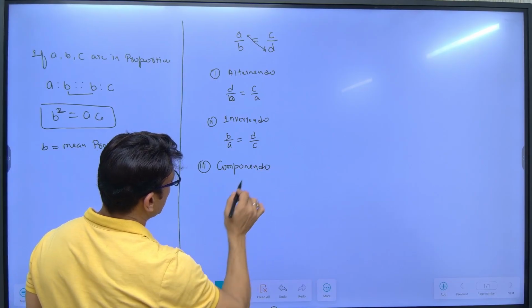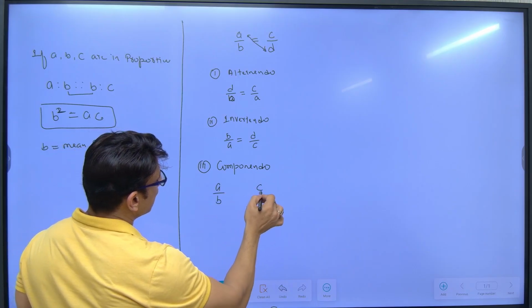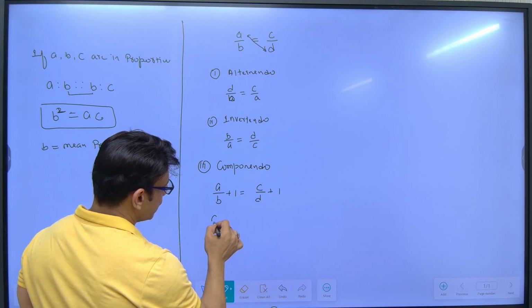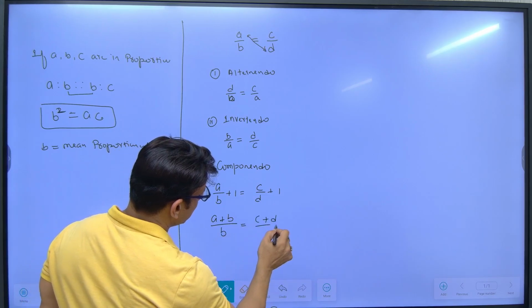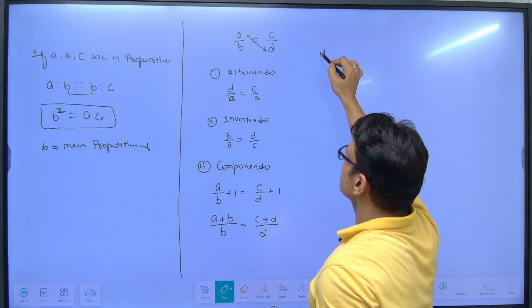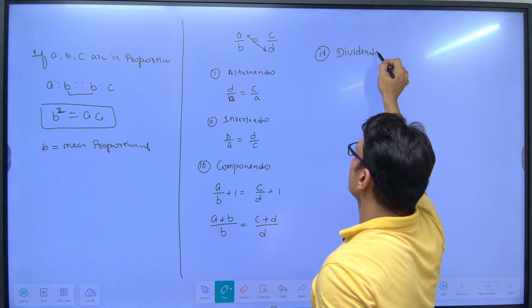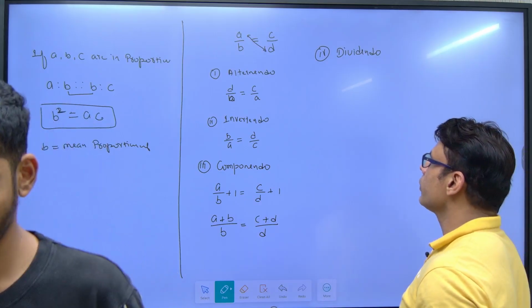Third is called componendo. What is componendo? In this A by B and C by D, you add 1 to both sides, right? So this will become A plus B by B, and this will become C plus D by D. It's called componendo. Fourth is called dividendo.